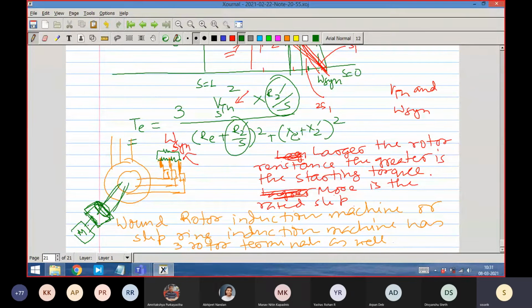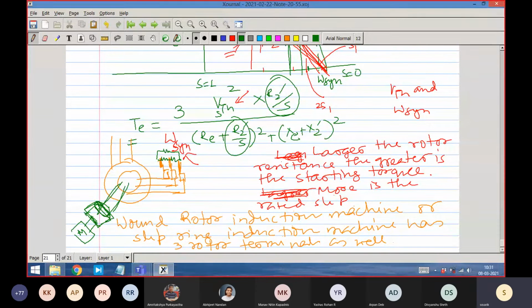That is mechanically impossible, no? You have to connect a stationary shaft to a rotating shaft. Connecting two shafts, one rotating and another stationary, is impossible, right?